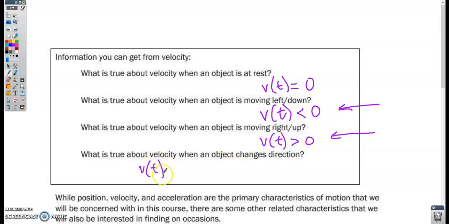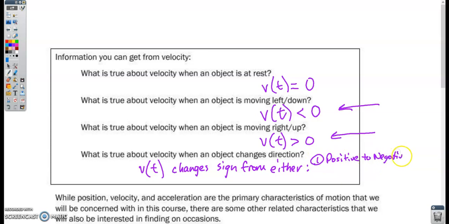So what's true about velocity when an object changes direction? V of t changes sign, from either positive to negative, or negative to positive.